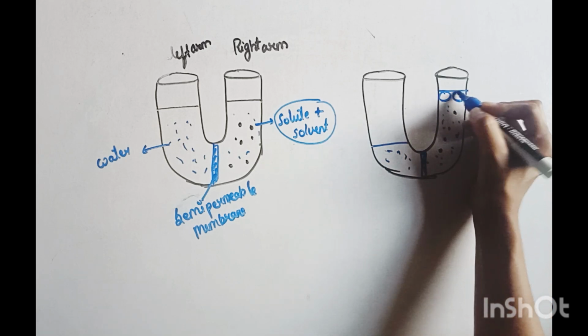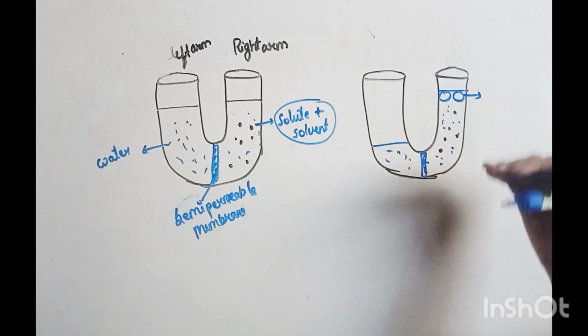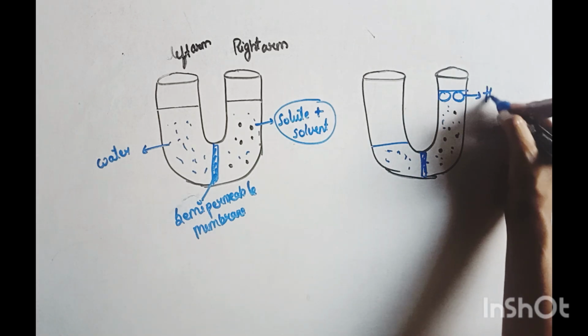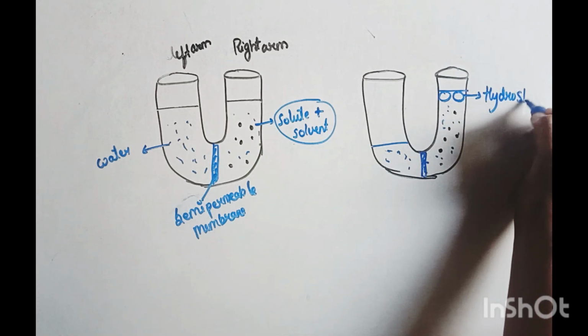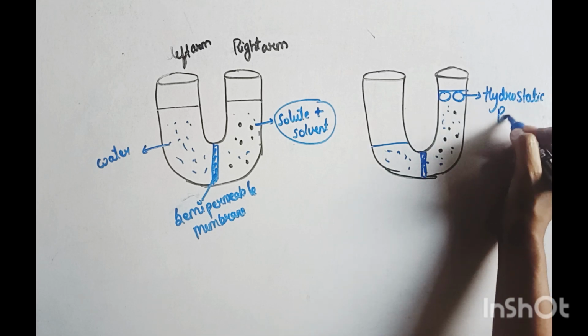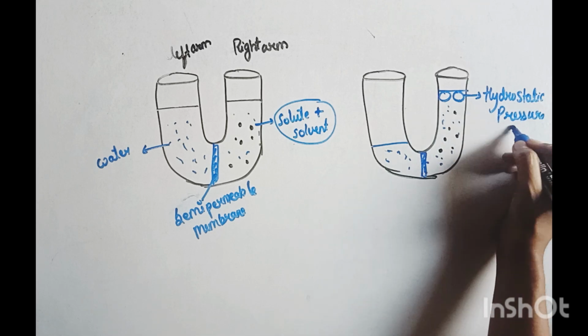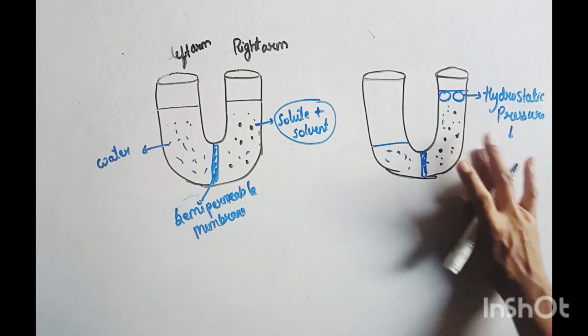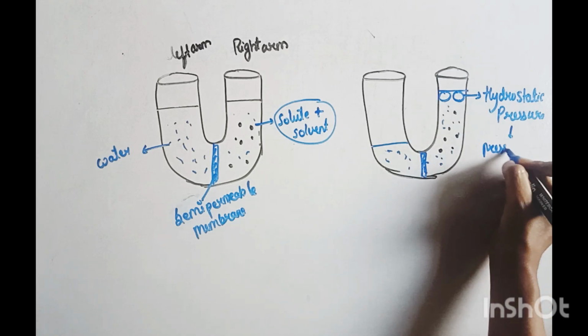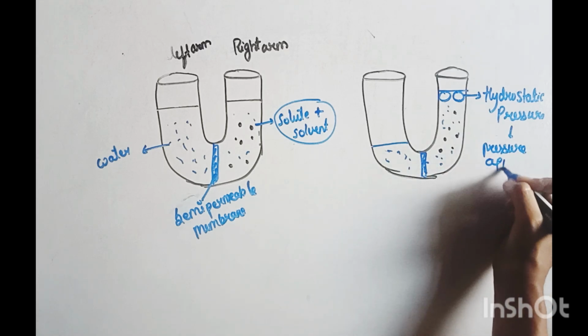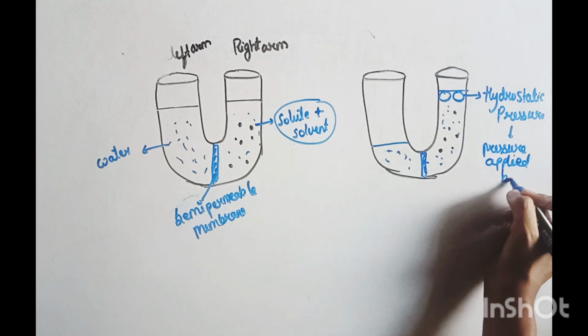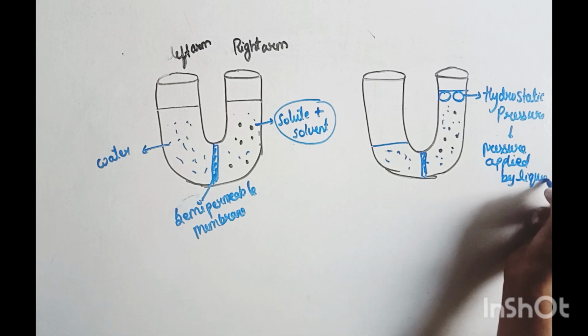When the liquid, meaning the solvent, is present, it applies a pressure, and this pressure is called the hydrostatic pressure. Hydrostatic pressure is the pressure applied by the liquid which moves the solvent back from the right arm to the left arm.